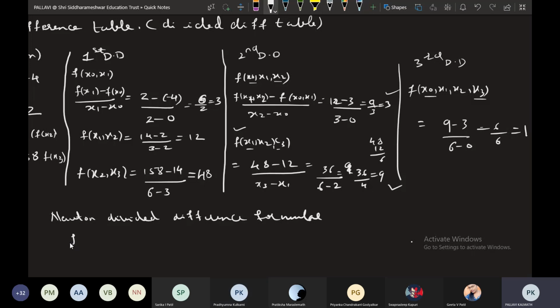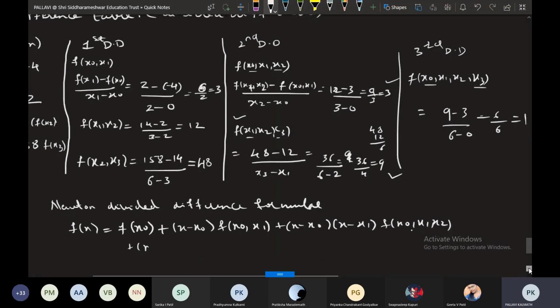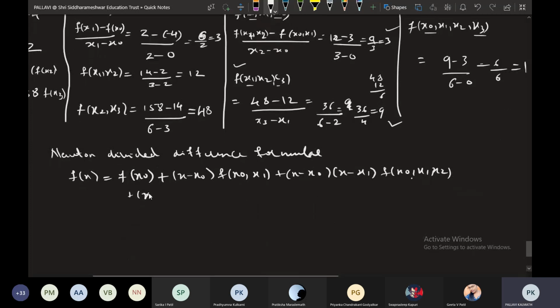It is given as: f of x is equal to f of x naught plus x minus x naught into f of x naught x1, plus x minus x naught, x minus x1 into f of x naught x1 and x2, plus, write the formula all of you, x minus x naught, x minus x1, x minus x2, into f of x naught x1 x2 and x3.